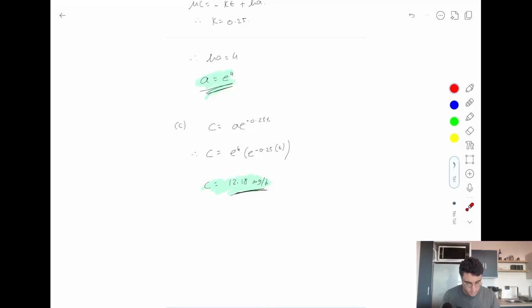They want the exact value, and obviously we use our exponent laws to do that. But considering they wanted it to two decimal places, we simply plug it in.